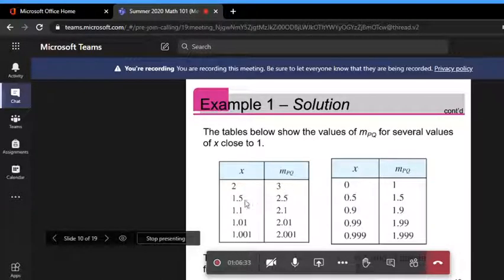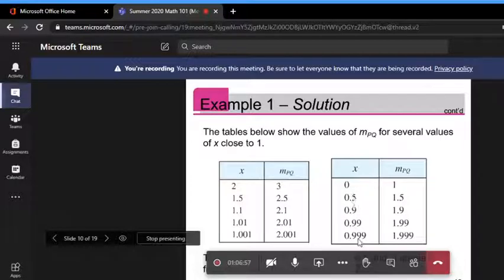Whenever x is 1.5, the slope is 2.5. Whenever x is 1.1, the slope is 2.1, etc. So you are getting close to the point 1. Do you see that? 2, 1.5, 1.1, 1.01, 1.001. The point 1 is the P. Look at the slope. The slope is getting closer to 2.